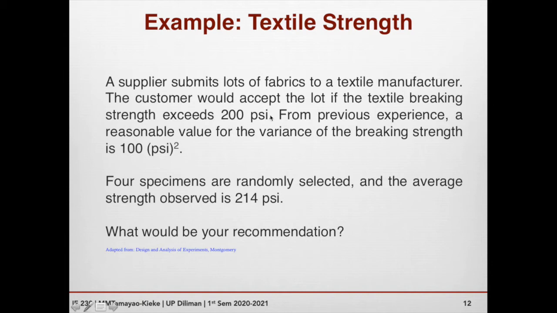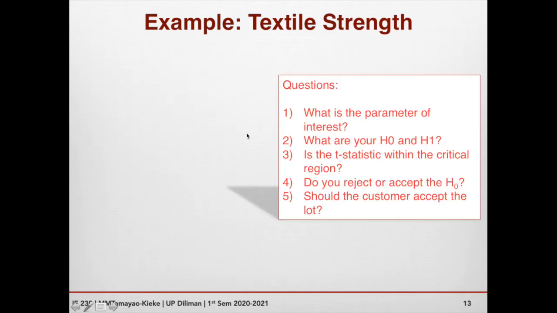The customer would accept the lot if the textile breaking strength exceeds 200. So your alternative is actually mu is greater than 200, because that's the case where you want to accept the lot. So what do you desire here? You actually want to reject the null hypothesis.